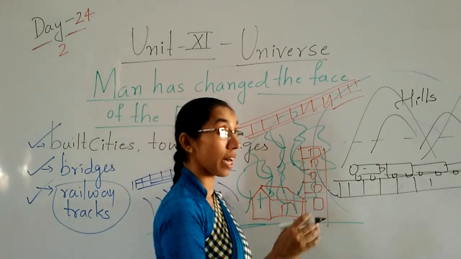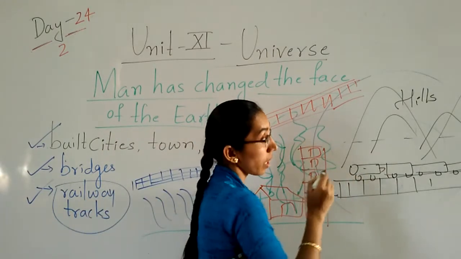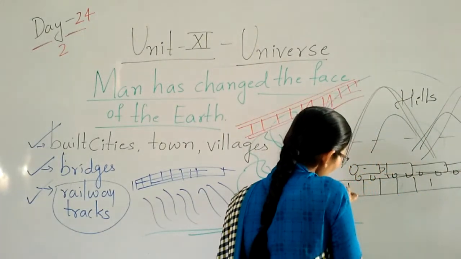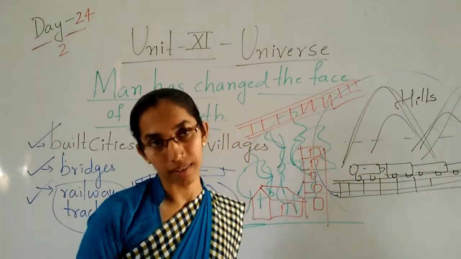By seeing that, we get the idea. The man flattened the hills and then he made the railway tracks.